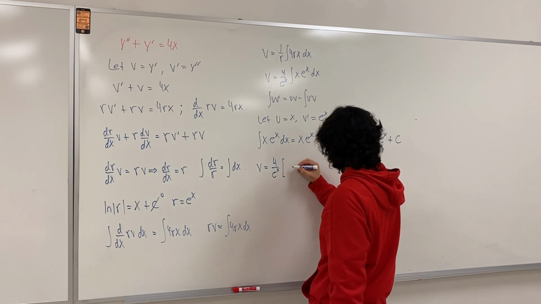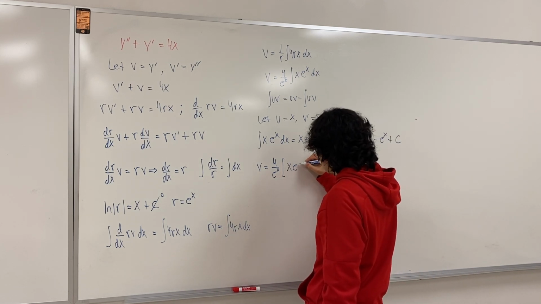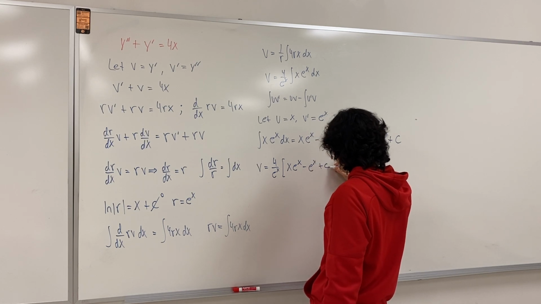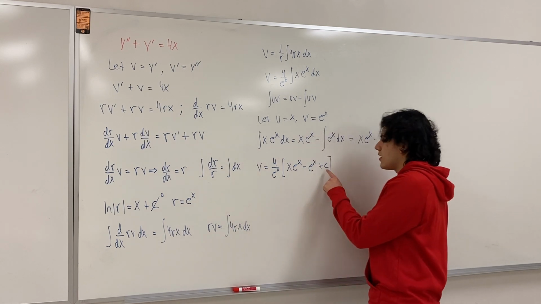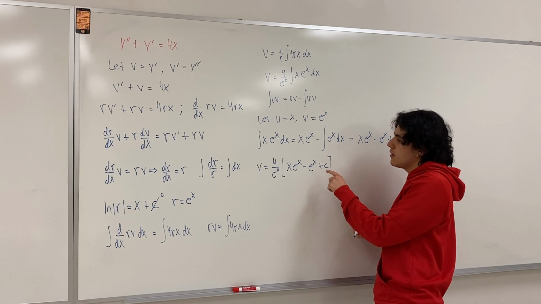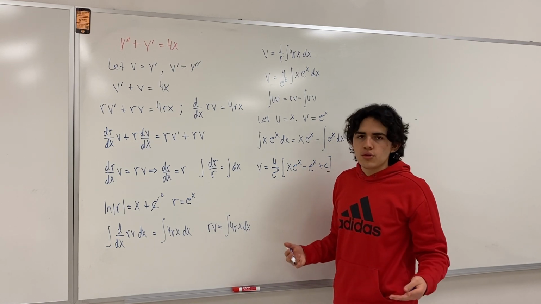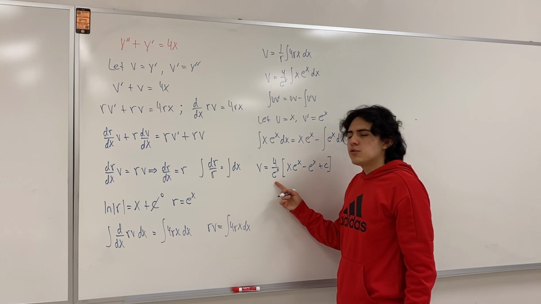So we're multiplying this times x e to the x minus e to the x plus c, okay? And in this case, when we do something to this c, it will not absorb the multiplication or the division that you're doing to it, because we have e to the x in the bottom.